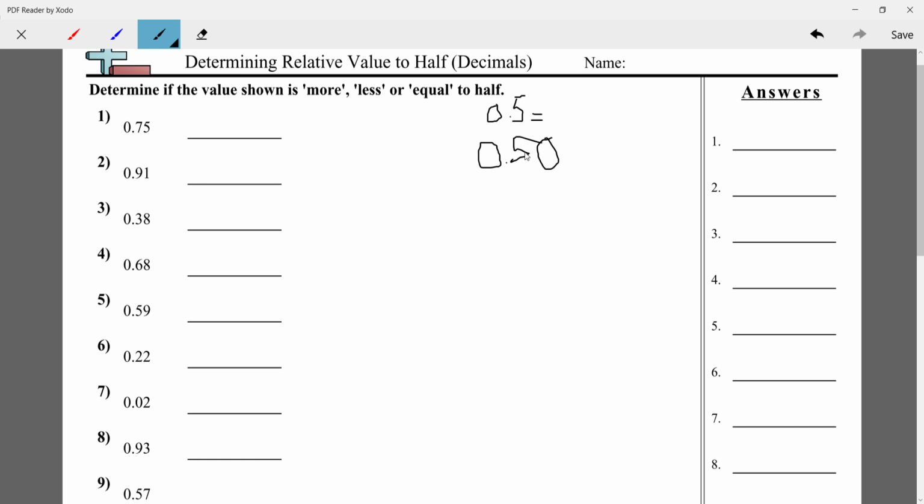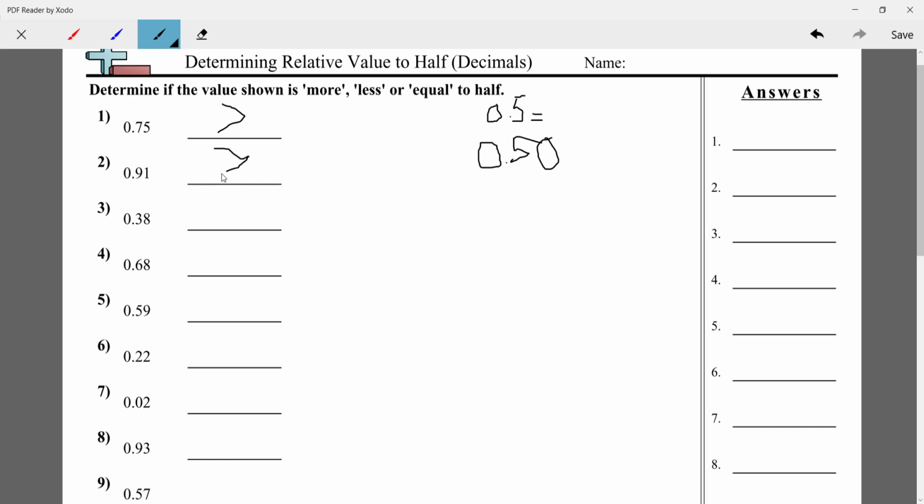So now it'll be pretty easy to figure out what is bigger or smaller. So 0.50, is that bigger or smaller than 0.75 or 75 hundredths? 75 hundredths is definitely bigger than 50 hundredths, right?